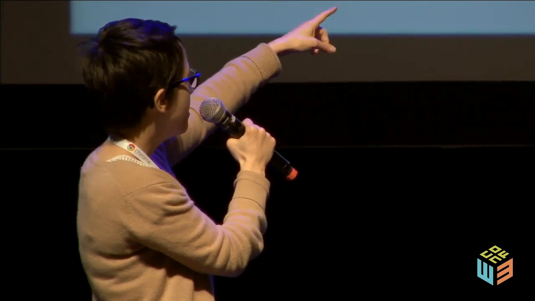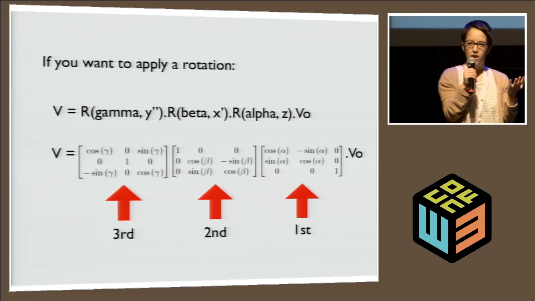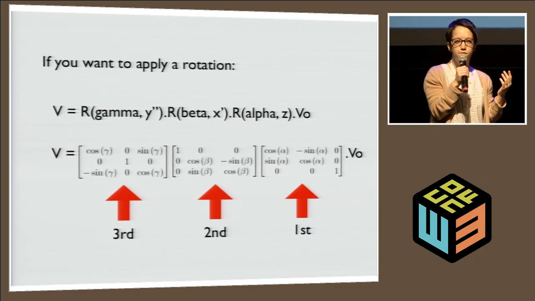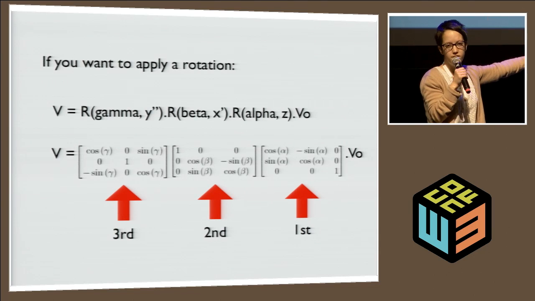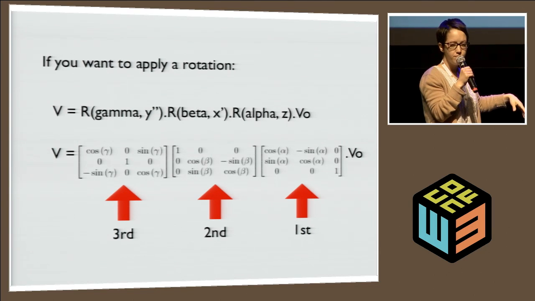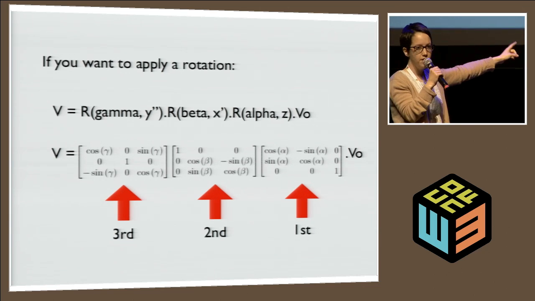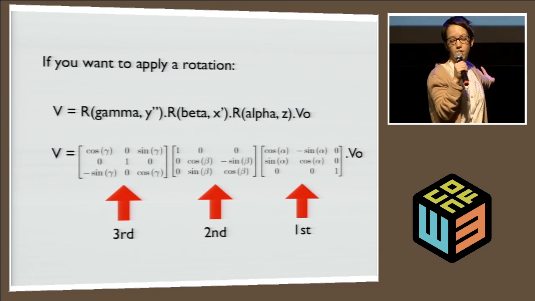What you have there, that V0 on the right, is a vector, and the way that we multiply matrices is from the left. So the closer matrices are going to be multiplied first, the one right on the left, then the other one, and finally the one on the far right.